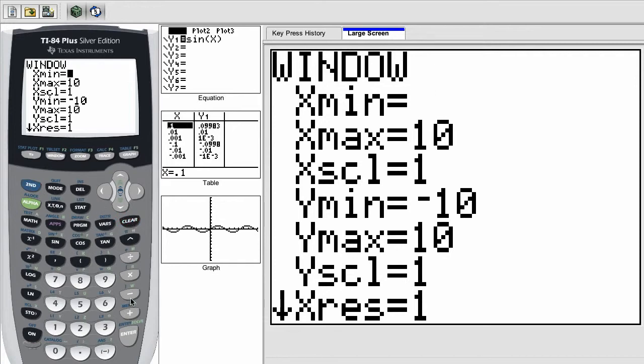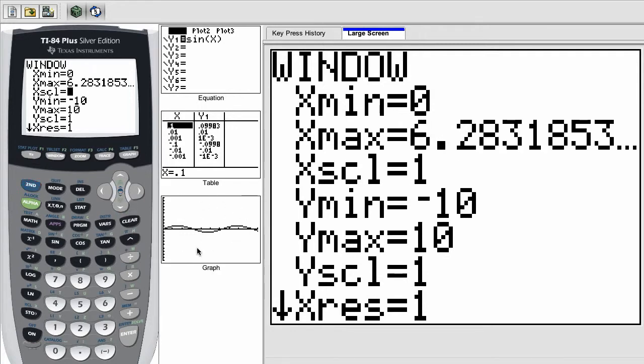Since pi over 2 is to the right of 0, I don't know why that didn't show up. I'm sorry, I didn't want that as my minimum, I wanted it as my maximum. So let's start over here. Here we go. My x max I want to be 2 pi. And as I keep changing my window, you can see my graph updating down here. Now here's what's going to allow us to figure out where pi over 2 is.